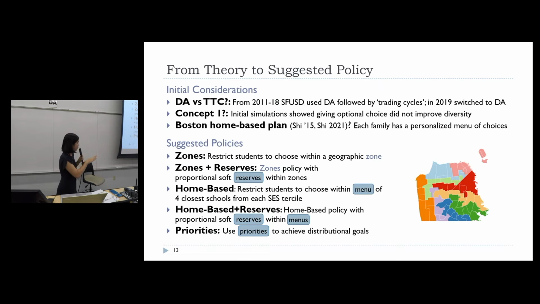In the particular home-based policy I'm showing you today, we're restricting students to choose from menus of the four closest schools from each SES tercile. And then finally, we also used just priorities to achieve distributional goals. This was probably the typical way that school choice thinks about trying to achieve some social objective outside of efficiency or strategy proofness, or stability, rather. Okay, so these are the 5 policies that we analyzed.